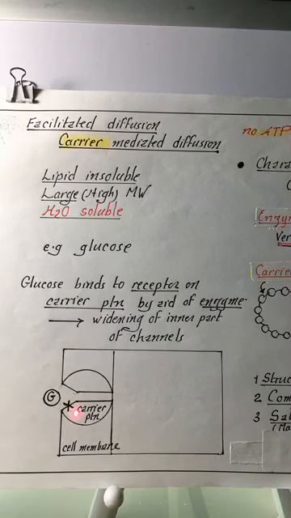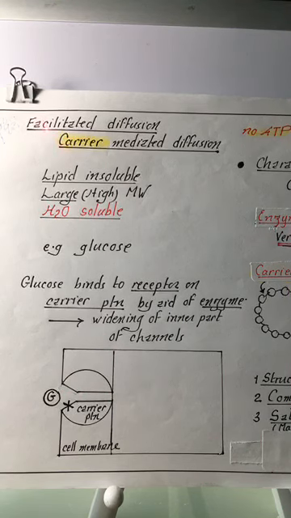Glucose molecules bind to receptors on the carrier protein by the aid of an enzyme. This will lead to a configurational change, a change in the shape of the protein channels; they become wider. The inner part will get wider, so glucose molecules can pass through. So it's very easy.